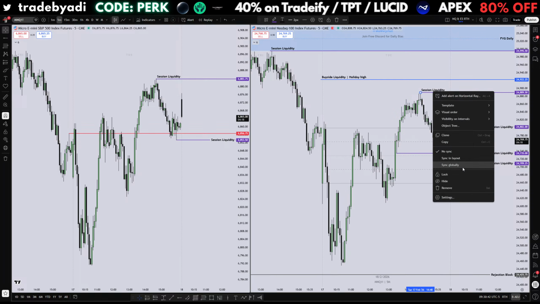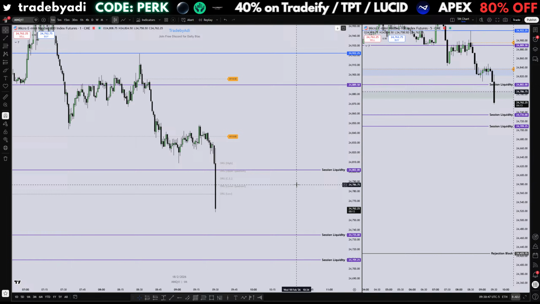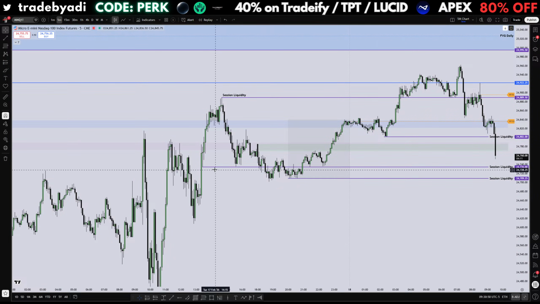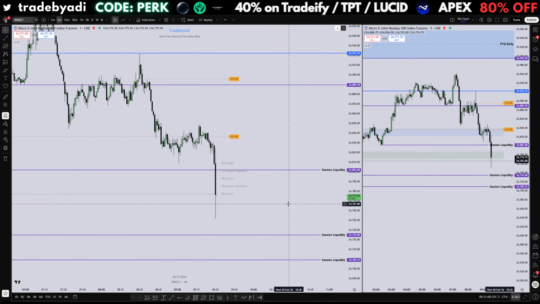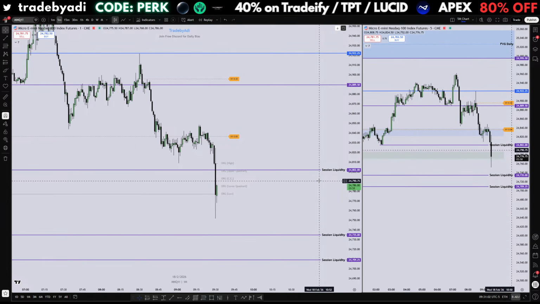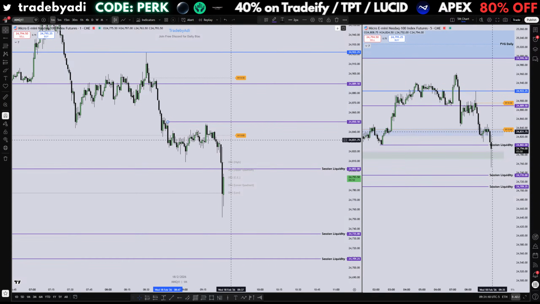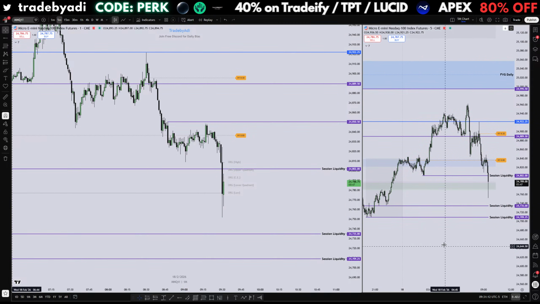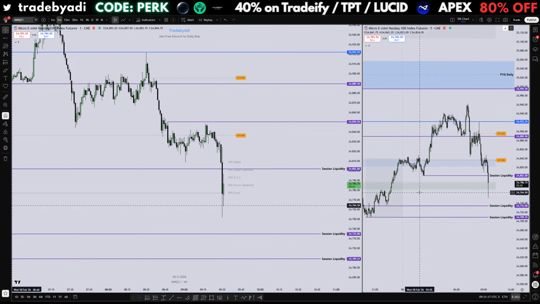On the 1 minute, this 5 minute, this is the previous day PM session low, and this is the Asia low. We do have these equal highs on the 1 minute. But for now we have not taken out any major liquidity yet, so we will wait.